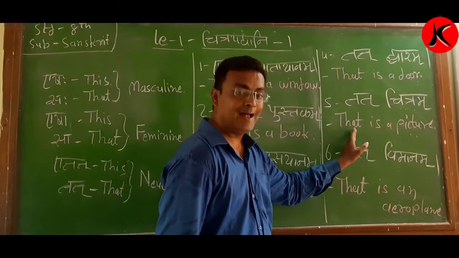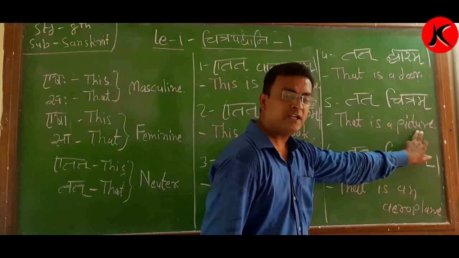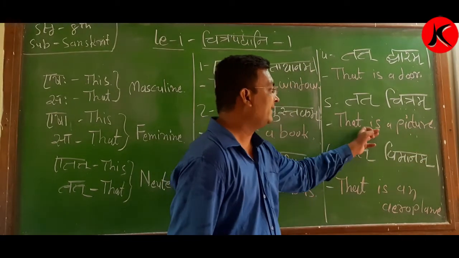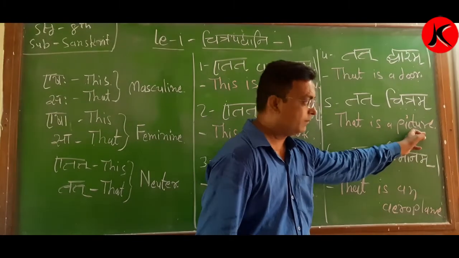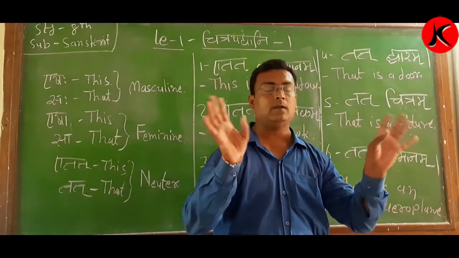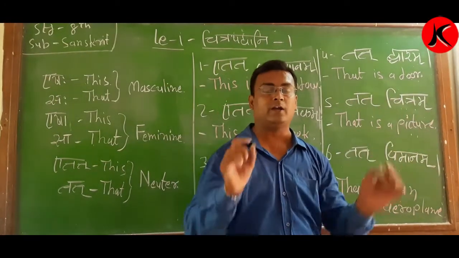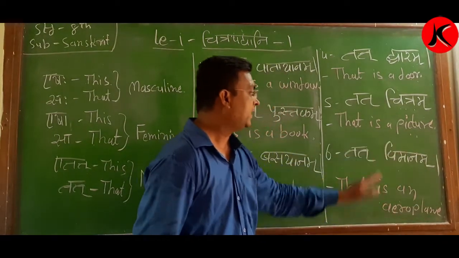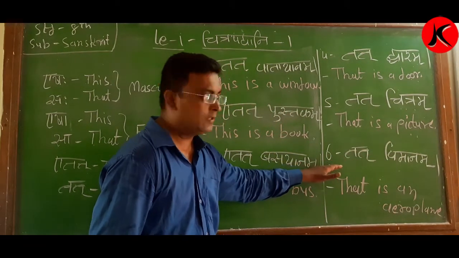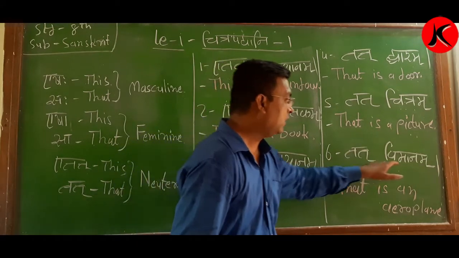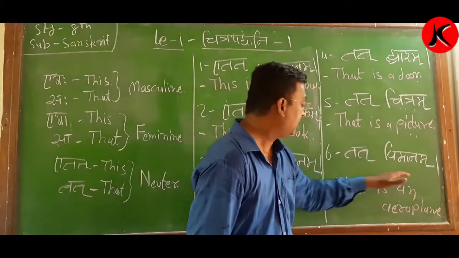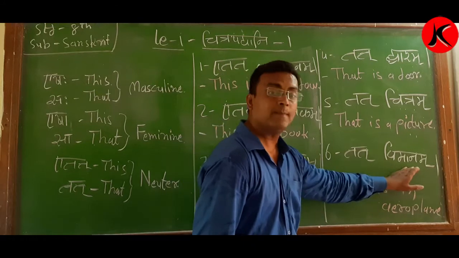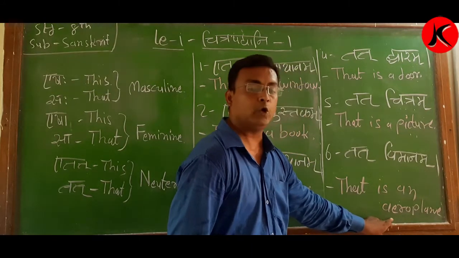Tata means that and chitram, that means picture. That is a picture. Picture यानी चित्र. किसी की कोई भी एक चित्र दोहरा हुआ होता है, ड्राइंग किया होता है ना उसको, वो है यहाँ पे चित्र, पिक्चर. The sixth one is tata vimanam. Tata means that and vimanam, that means an aeroplane.